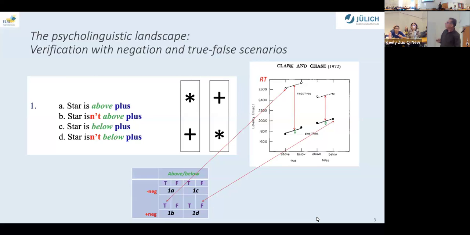You can see, for instance, this particular data point, namely the false sentence on the affirmative sentence with below, and the true sentence with negation here.